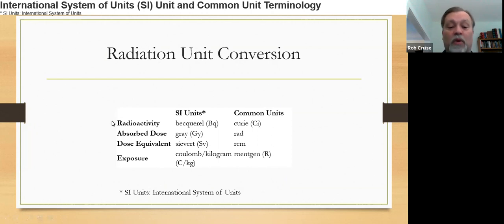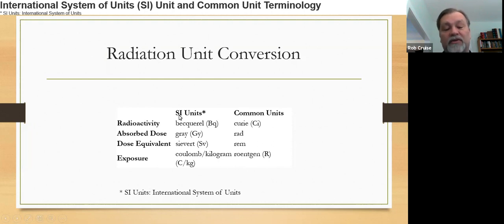Radioactivity. Whether the radioactive substance is naturally occurring, like plutonium, uranium, or if it is technetium that we use or manufactured to use in nuclear medicine. The older units or the common units are the Curie for radioactivity, and now it is the becquerel.